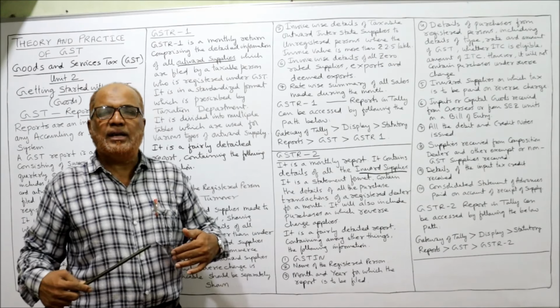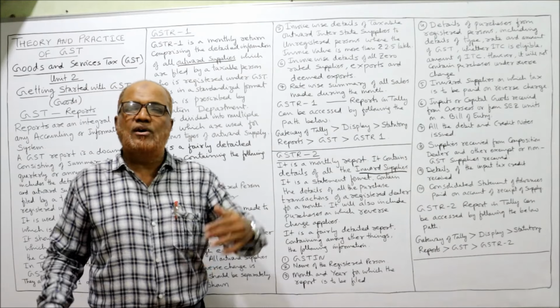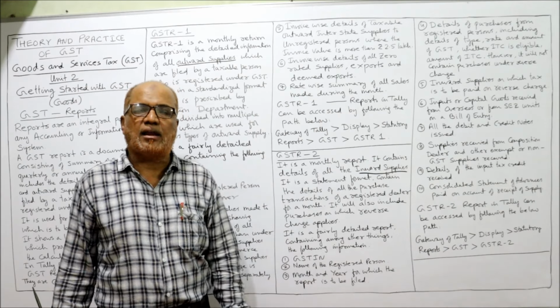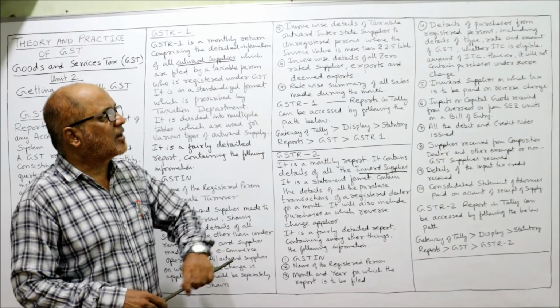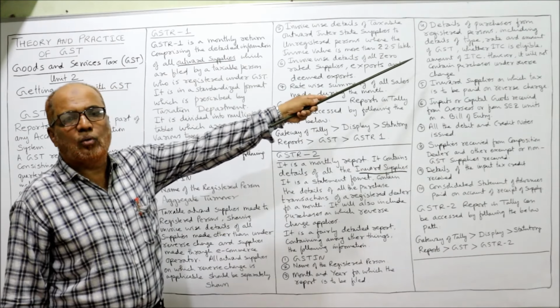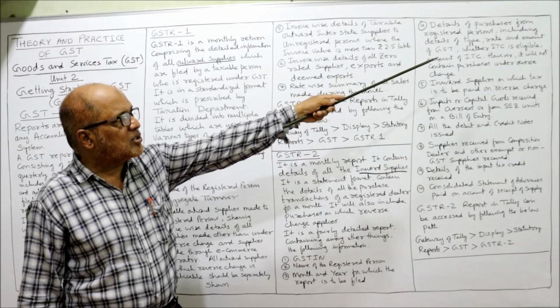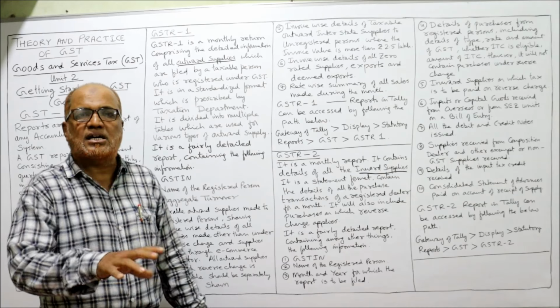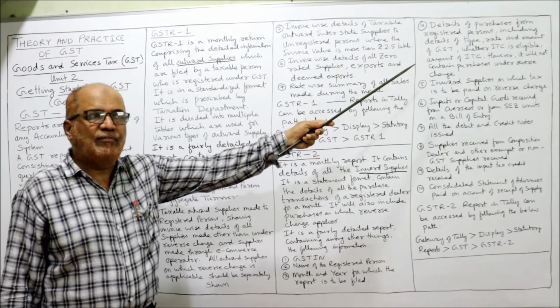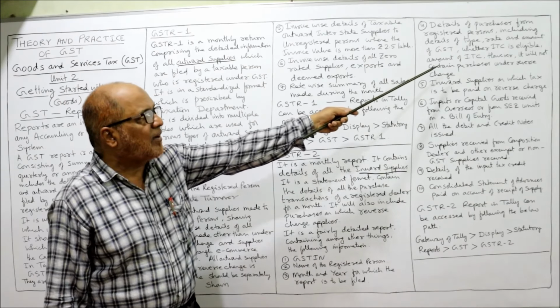That means our company is purchasing goods from a registered supplier, so we have to give the details regarding the type of goods purchased, rate of the goods, amount of GST, whether input tax credit is eligible or not, and if eligible, the amount of ITC.